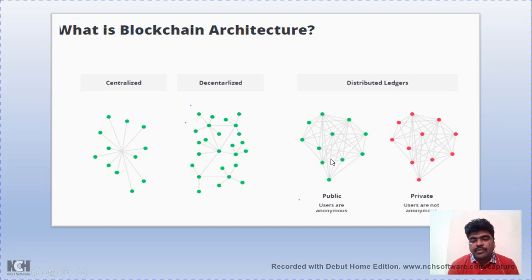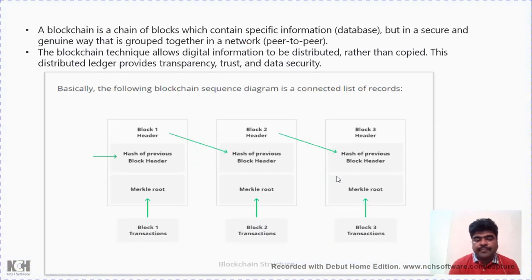In a public blockchain, all the nodes are public; anyone can connect to the public network and they will be anonymous. But in a private network, they are not anonymous, but known people, where a few people connect together to form a private blockchain. So this is simply the architecture of blockchain networks.